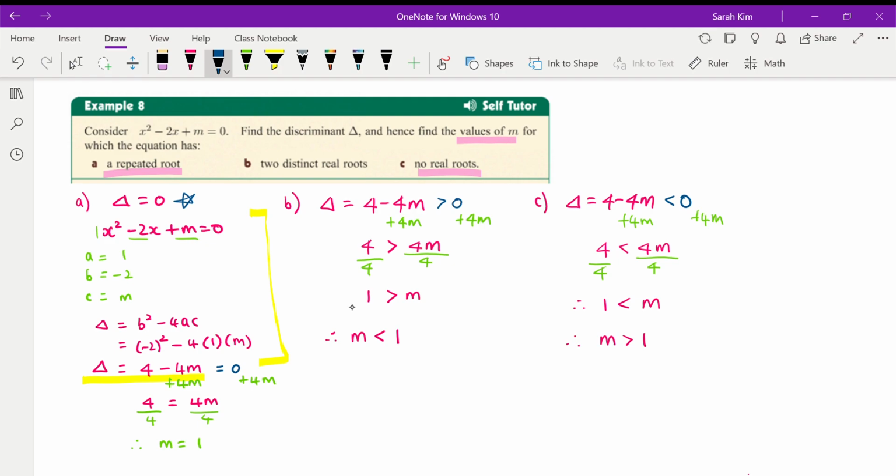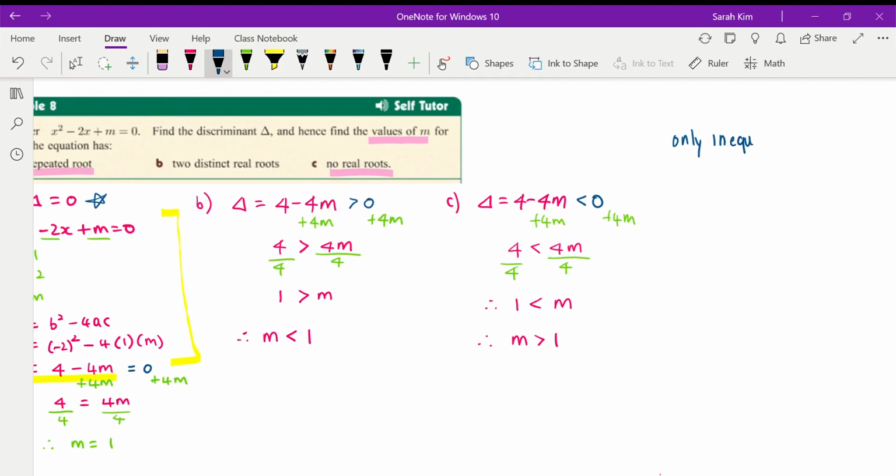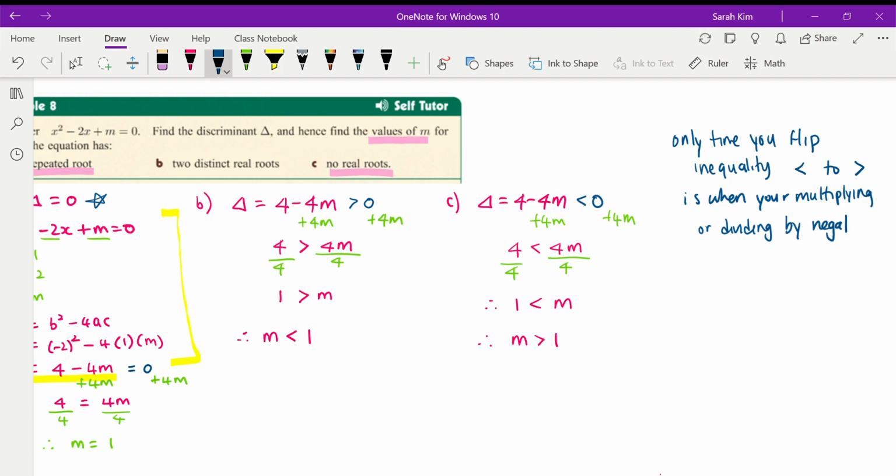I would write this in the book: the only time you flip the inequality, meaning changing it around, is when you're multiplying or dividing by negative numbers.